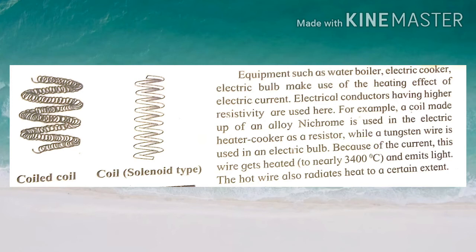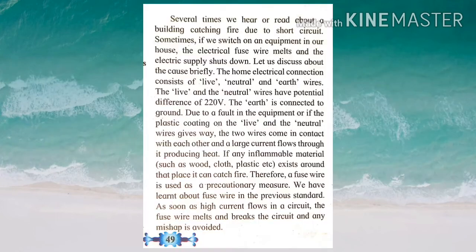For example, a coil made of the alloy nichrome is used in the electrical heater as a resistor, while tungsten wire is used in an electric bulb. The home electrical connection consists of live, neutral and earth wire.